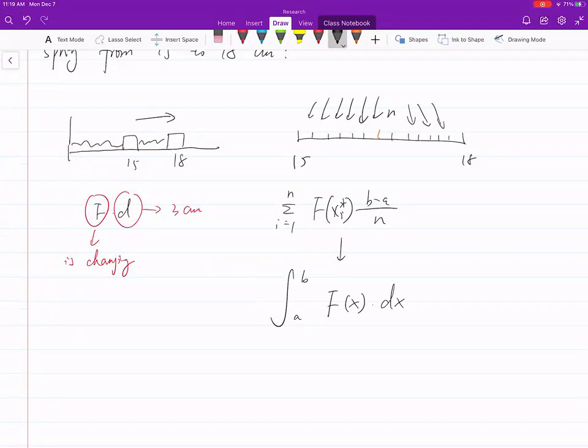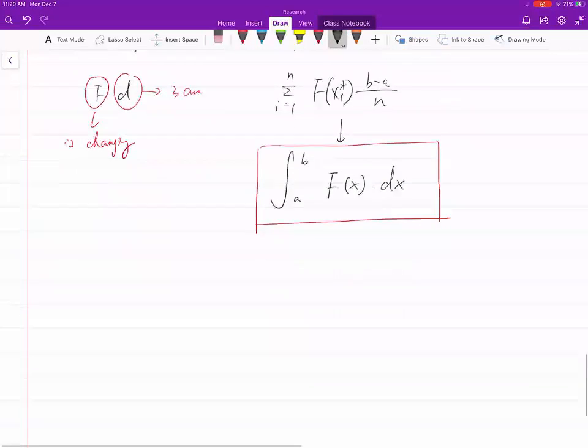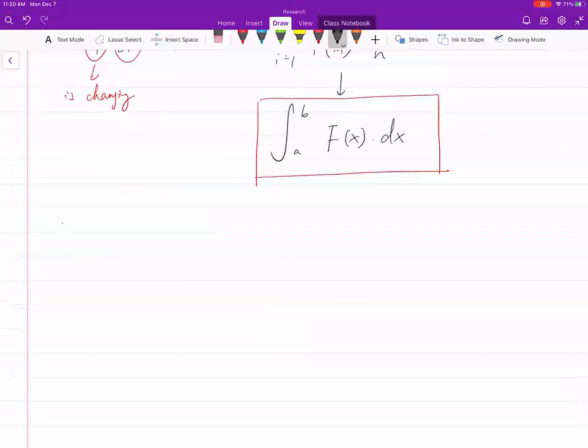That's how we do it if your force is changing. Sounds good? That's the main idea for this section. So let's see how we do the spring problem. Now it becomes clear.